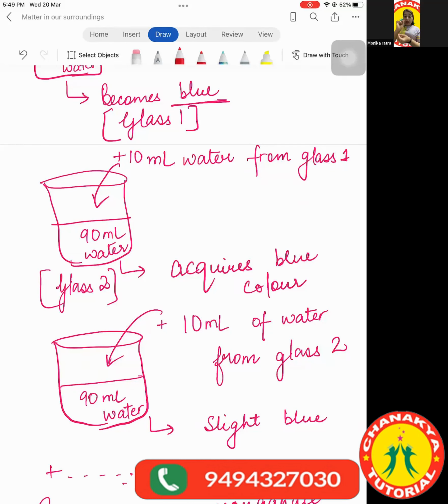This means that those 20 drops of ink were made up of so many particles which kept on getting transferred, and the color started to get lighter because the particles started to divide. There were so many particles that only 20 drops of ink could color 300 or 400 or 500 ml of water, right?